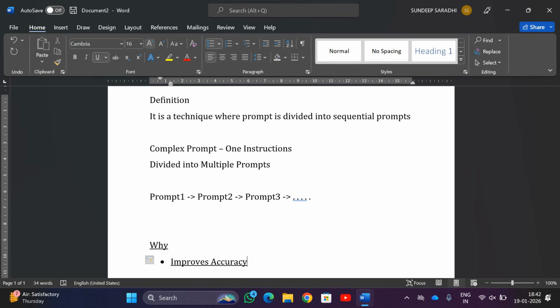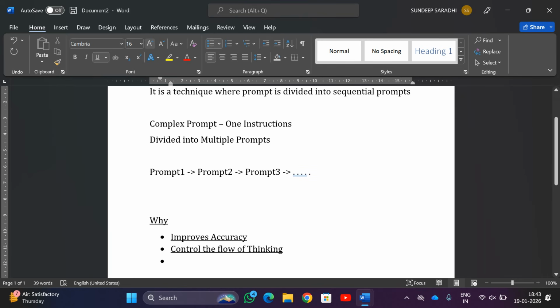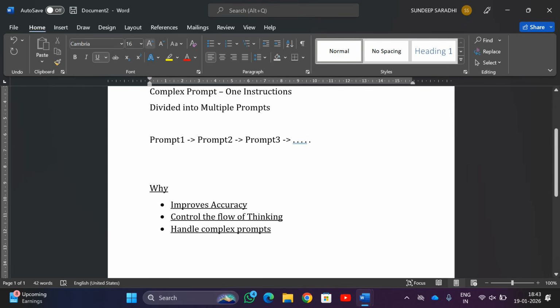The second one is having control of the flow of thinking, so what exactly we need. And also it can easily handle complex prompts. That is the reason why we use these prompts.